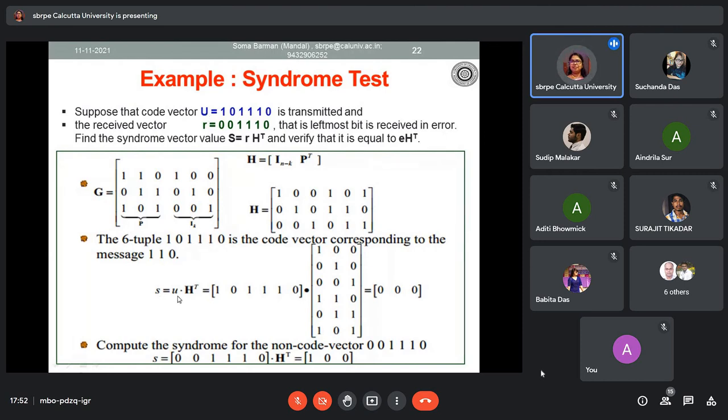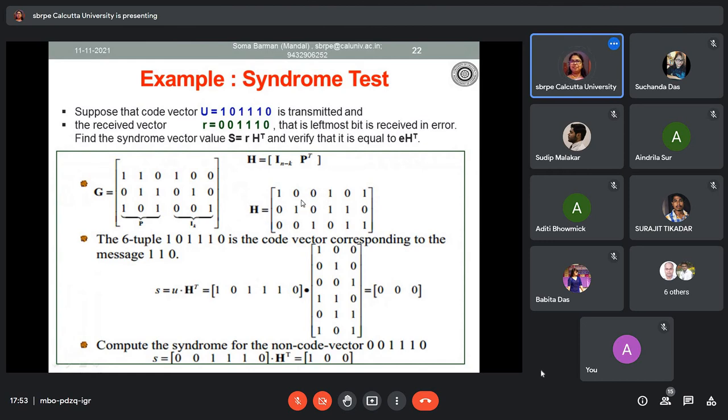If we test U H transpose, where U is formed from the generator matrix, it gives you 0 0 0. So what is U? U is 1 0 1 1 1 0 multiplied with H transpose.